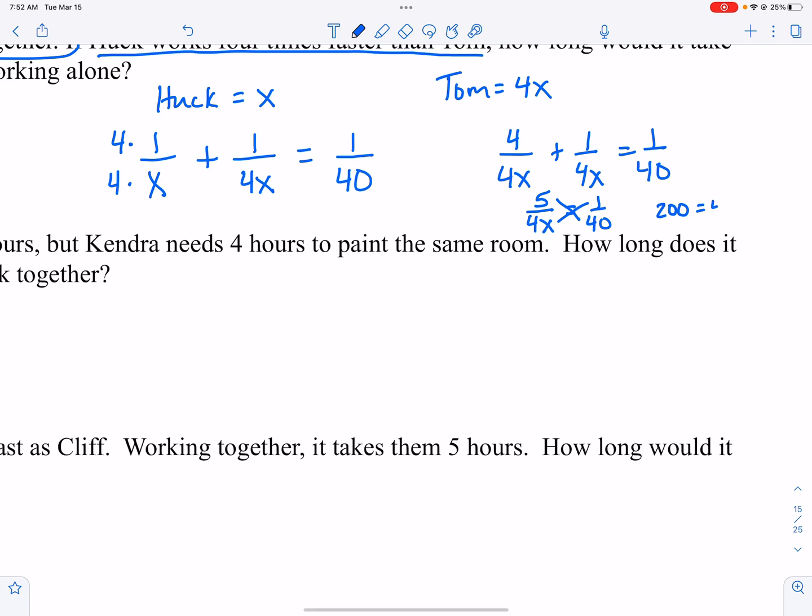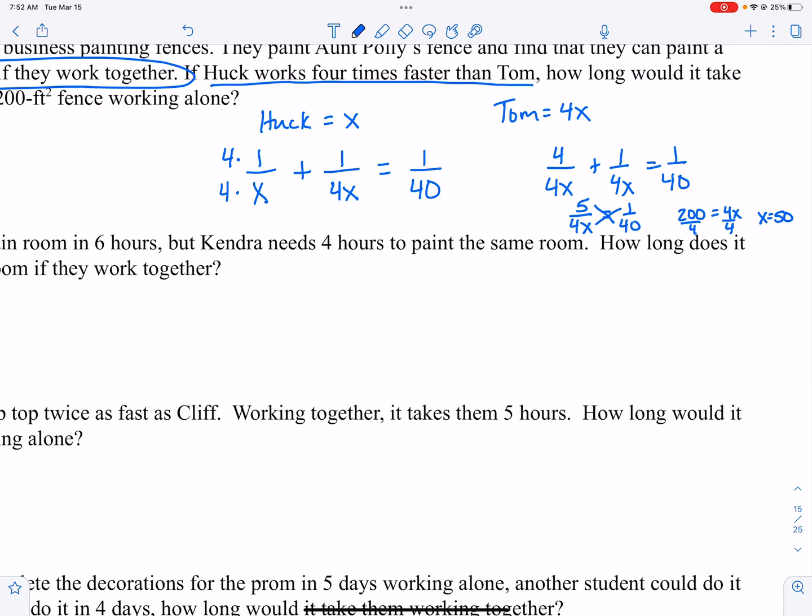And then 1 times 4x is 4x. And then when we divide by 4, we get that x equals 50. And so if you go back, you can say that x is Huck's time, so that would take him 50 minutes. But Tom takes 4 times that amount, which would be 200 minutes. And so then you know how long they would take working alone.